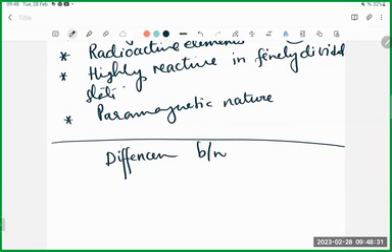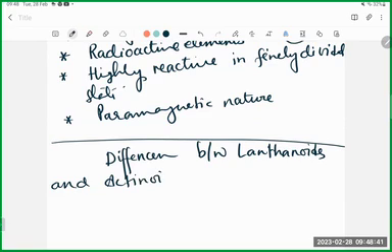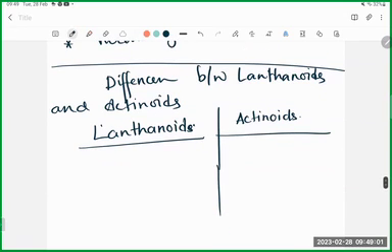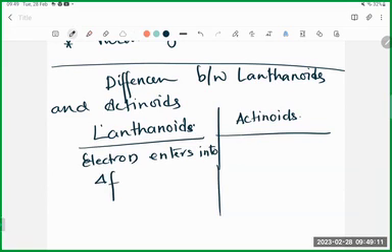In lanthanoids, electrons enter into 4f, and in actinoids, electrons enter into 5f.